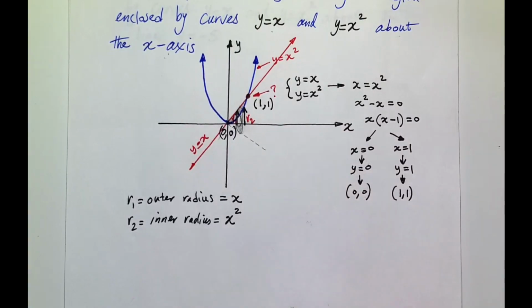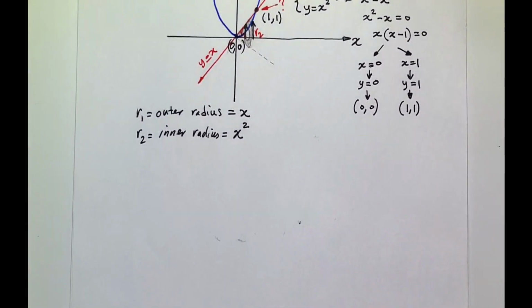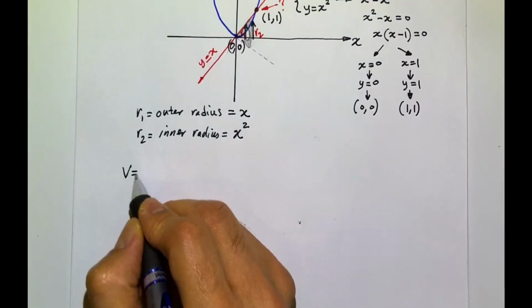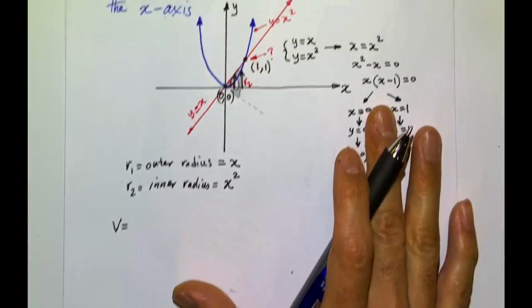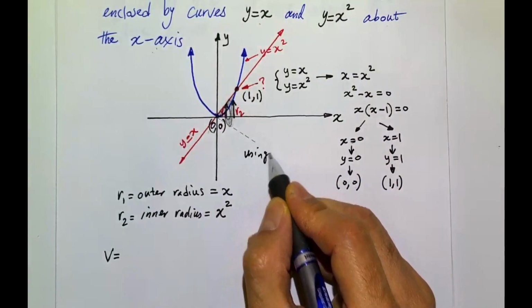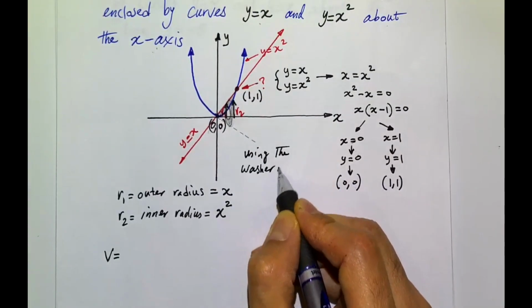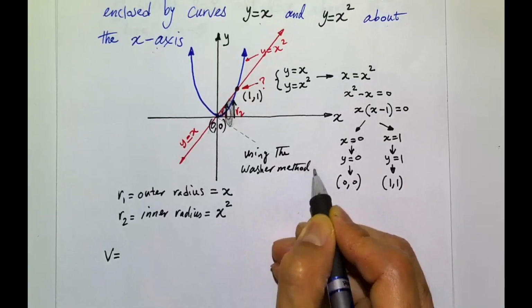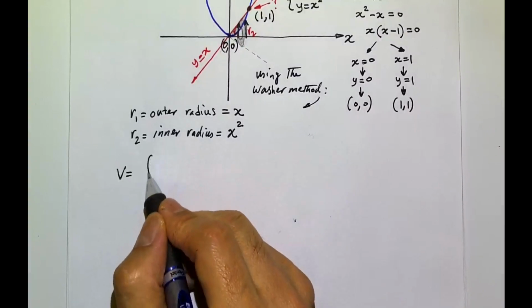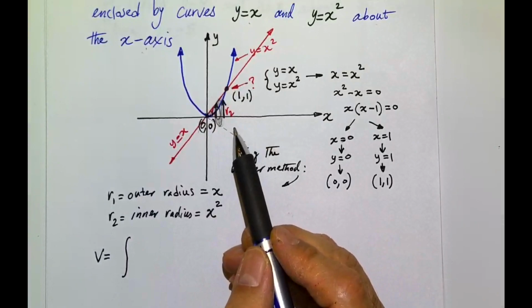Okay, so now we will apply that formula that we have. So volume using the washer method. Let me actually write here that using the washer method. Okay, and then now the question is, from where to where are we integrating?